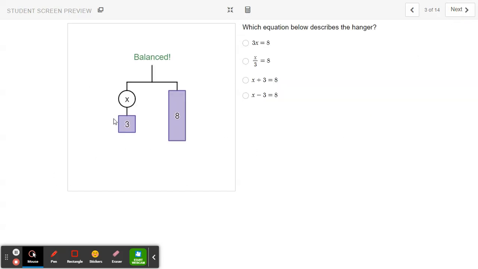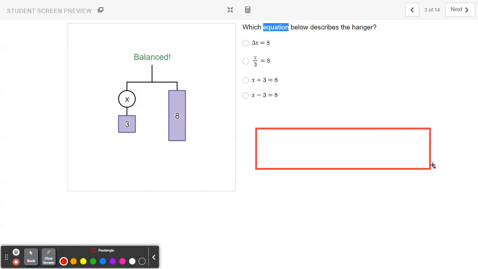So now let's take a look at this. Which equation describes the hanger? Well, again, balanced means that this side equals, that's a big clue, this side, right? And I'm going to show you what it looks like as a bar model or as a tape diagram. So for the tape diagram version, we know the total is this 8 because we just have an 8.